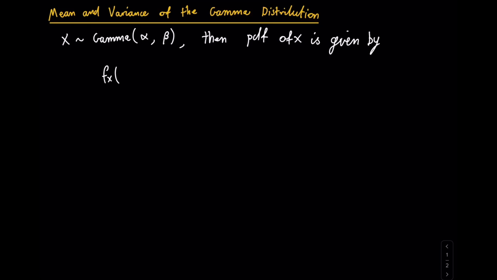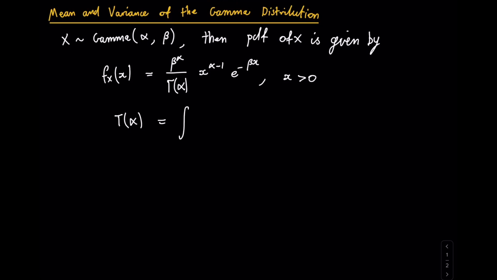f subscript x of x is equal to beta to the alpha over the gamma function evaluated at alpha, x to the alpha minus 1, e to the negative beta x, where x is greater than or equal to 0. And recall that our gamma function has the following integral definition.